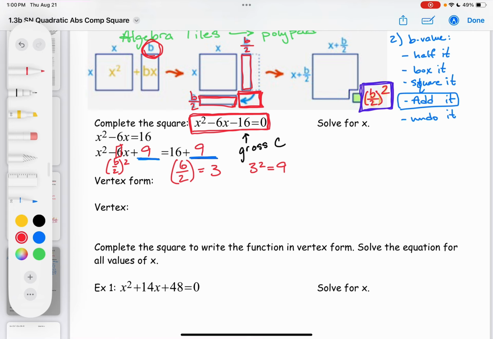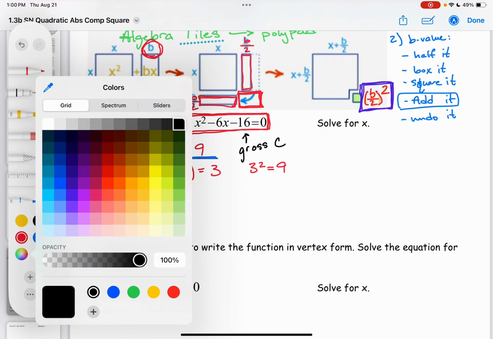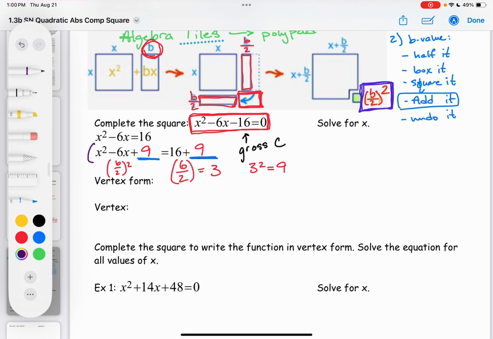So what that did for me, I'm going to erase this a little bit. I'm going to rewrite it, don't worry. B over 2 squared. What that did is that on the left side here, that made a perfect square trinomial. And the reason I like a perfect square trinomial is because I can easily factor it. So I'm going to factor and get x minus 3 squared.